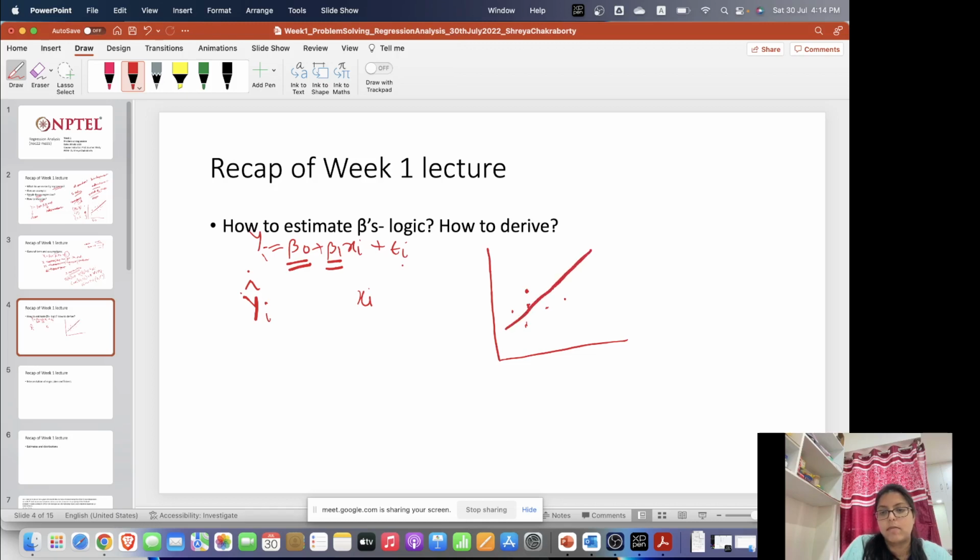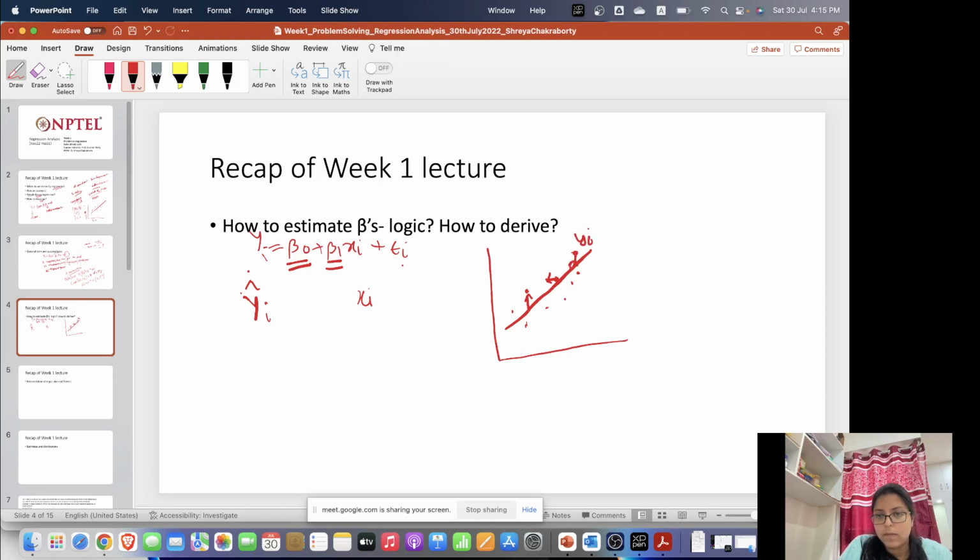So let's say this is my line. So we were fitting a line in such a way that which of the distances were minimized, this horizontal one or this vertical one? Vertical one. Yes, the vertical ones. So let's say this point is yi.